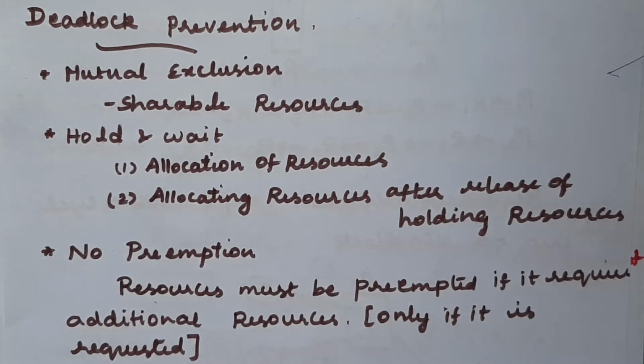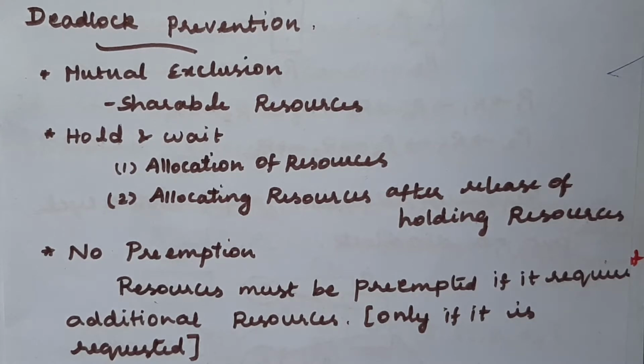If one process is using that resource at that time, the other process must not use it. This is mutual exclusion. In other words, if the resources are in non-shareable mode, this condition will be satisfied.